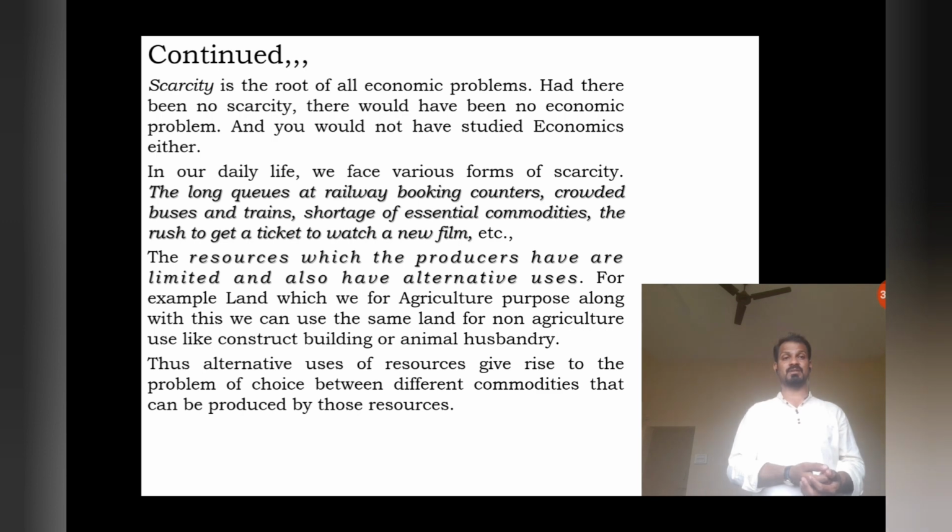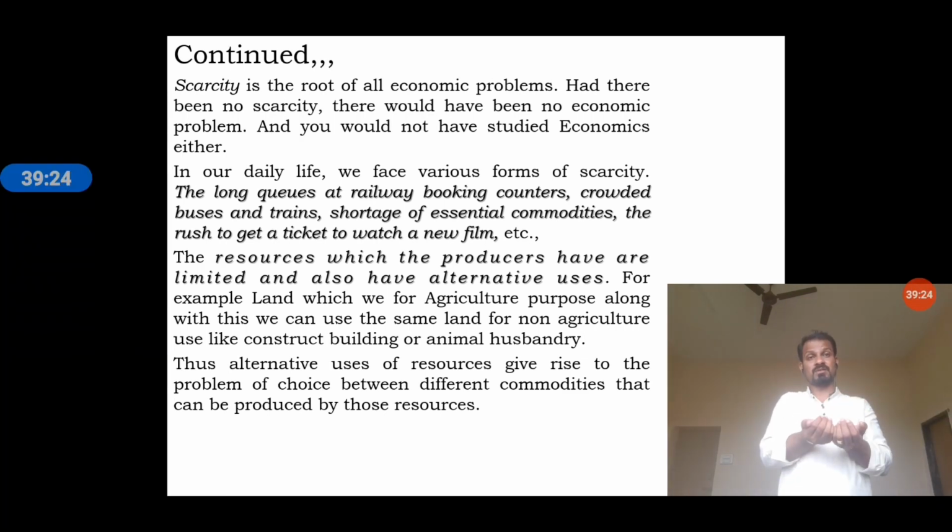That is what we face from the scarcity of resources.